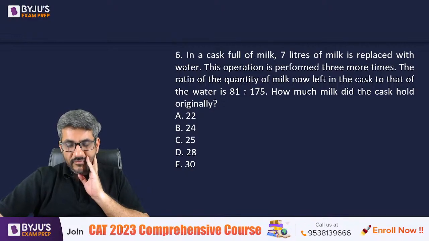Yogita says B confirmed. Okay. The first answer that we have got. Rohit Deshpande has got B. Okay.